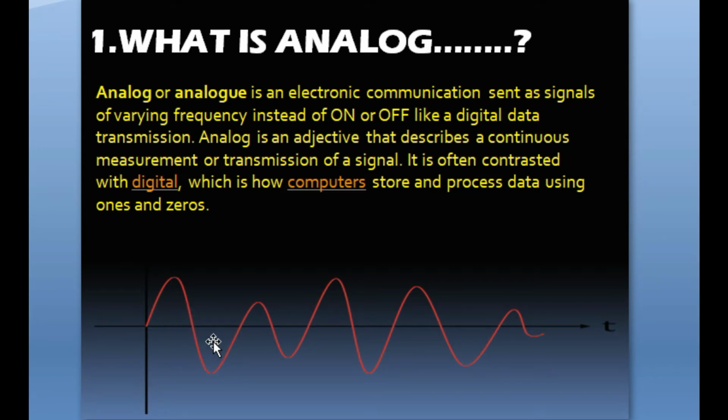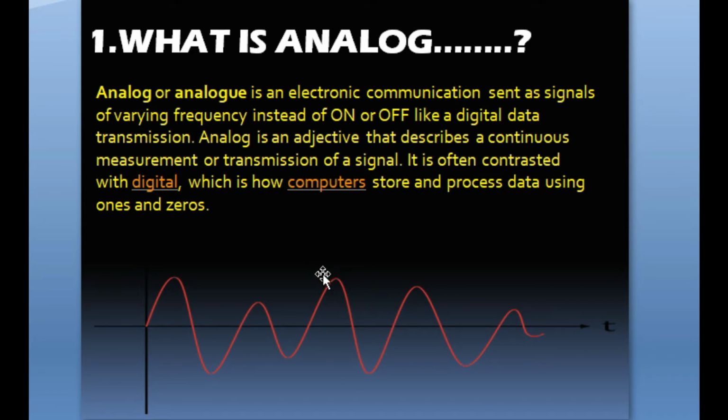It's a positive and a negative. It's also an amplitude, the maximum amplitude of your temperature or any kind of analog signal, which measures our environment. Okay, so friends, this is the analog signal.